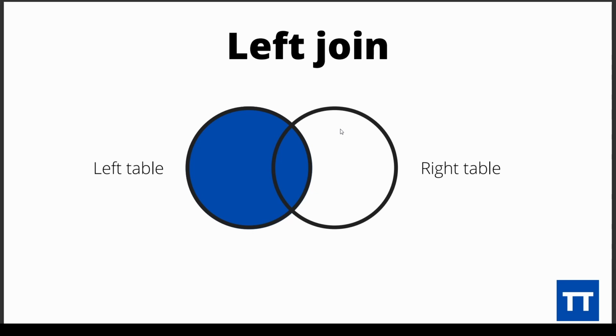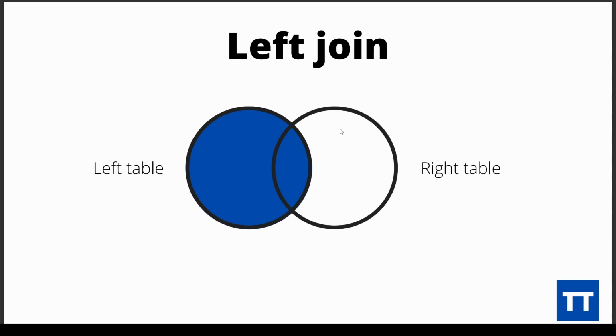So where we found matching information, right? So if you have some data in the left table and then you have a column which you use to join, if the values from this column from the left table are found in the right table, the rows from the right table will also be returned. Otherwise, they will not be returned.